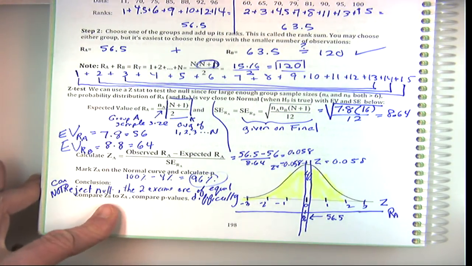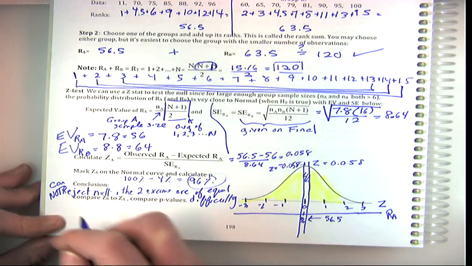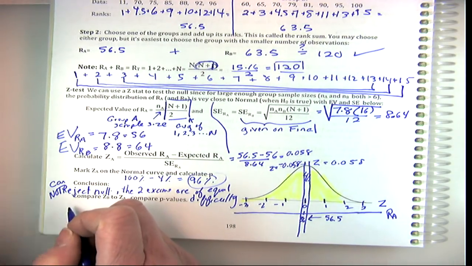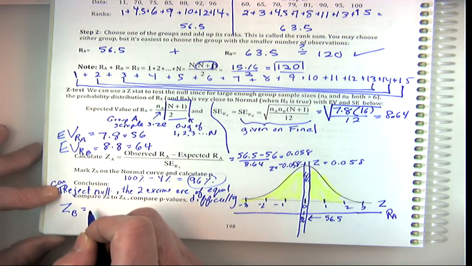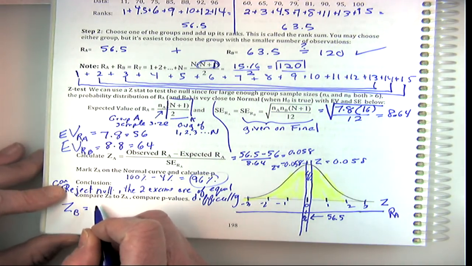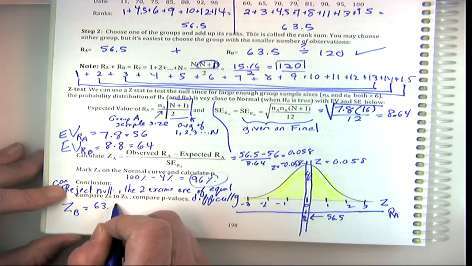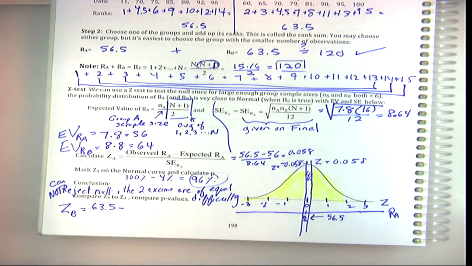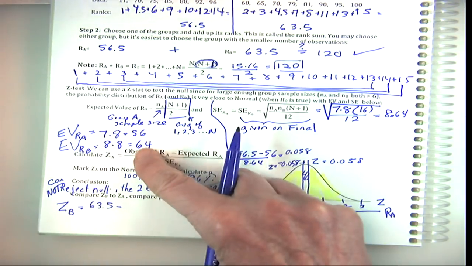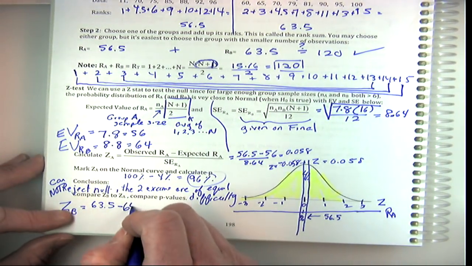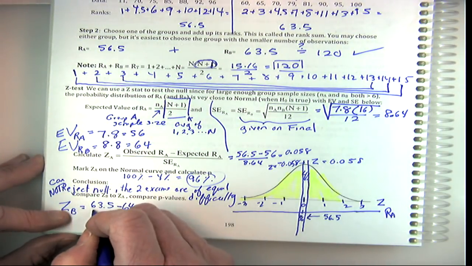Now, compare ZB. What if I'd done ZB instead? What would the z-score for ZB be? You can probably guess. We observed 63.5 right there, and we did expect 64. And we have the same standard error.